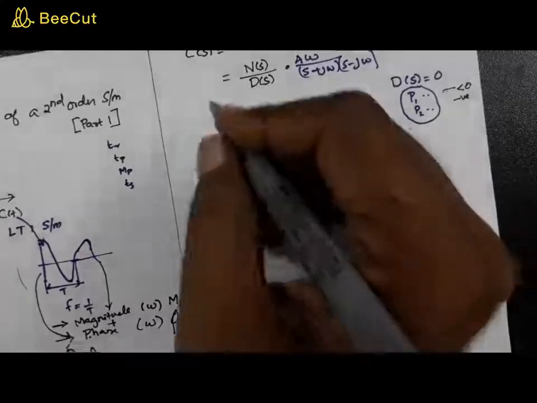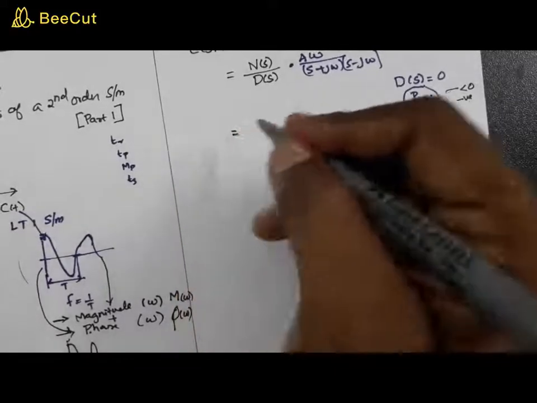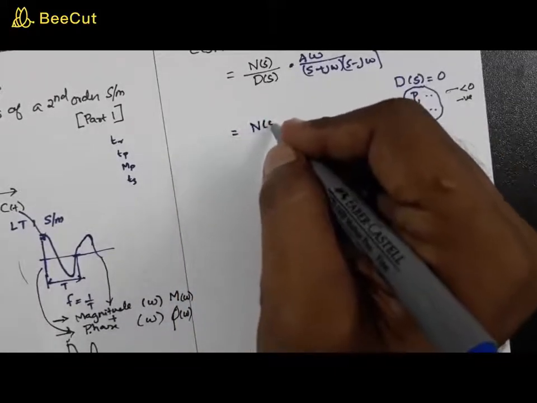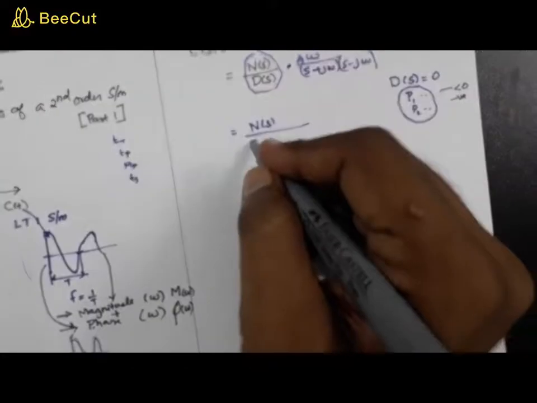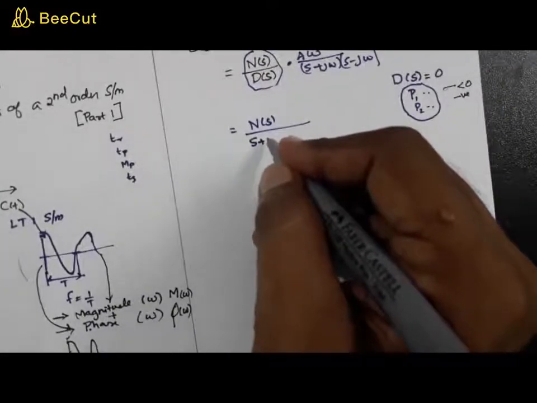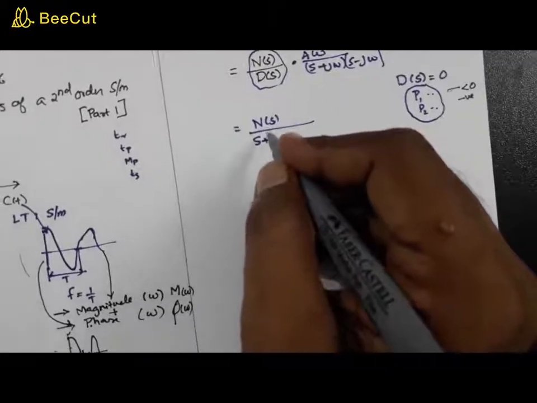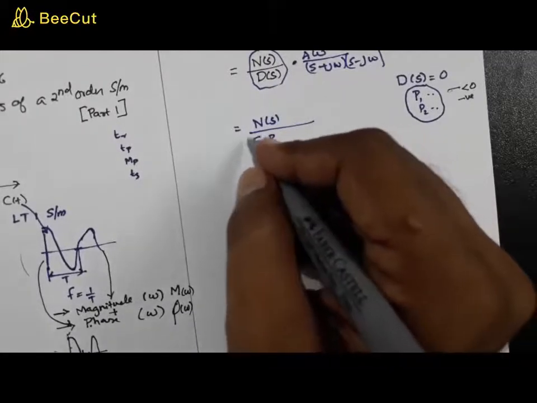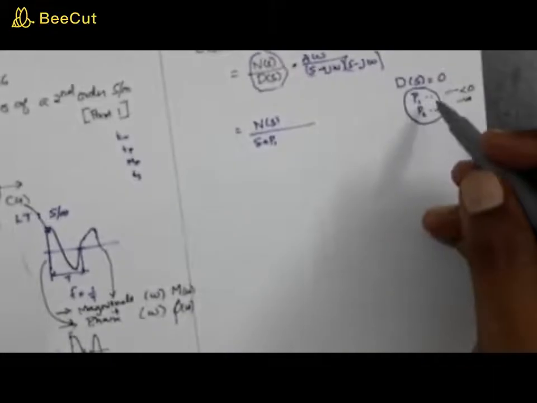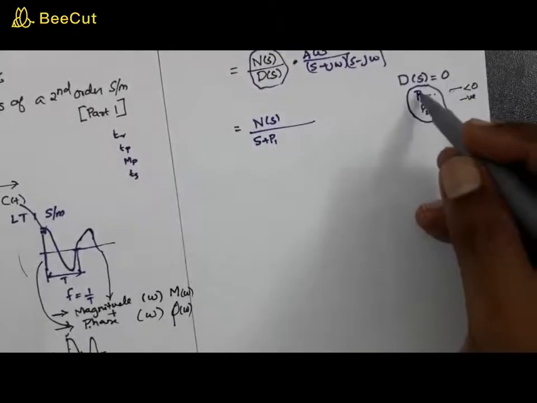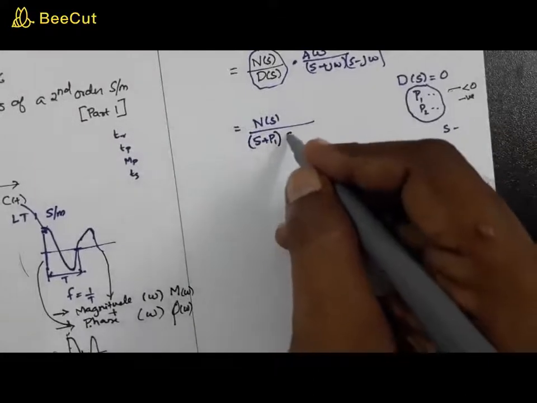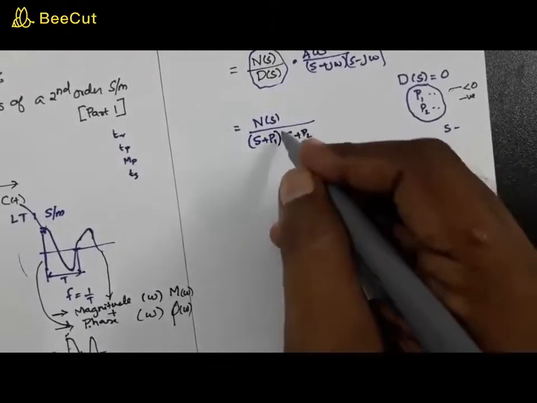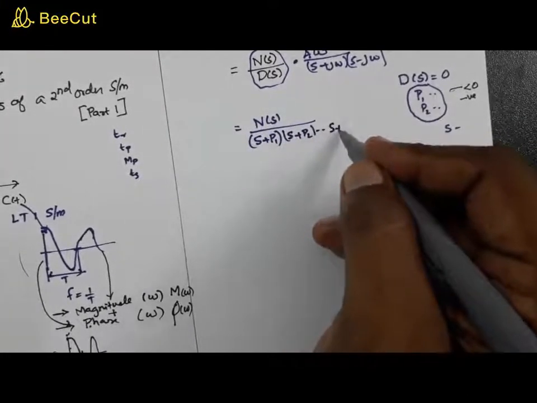So since this is negative, this M of S can be written as N of S by S plus P1. The factors are usually S minus P1, but we know that P1 and P2 all are negative, so you can write this as S plus P1 into S plus P2, and so on up to S plus Pn.